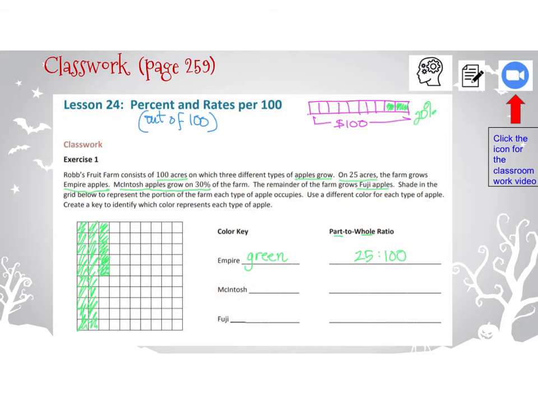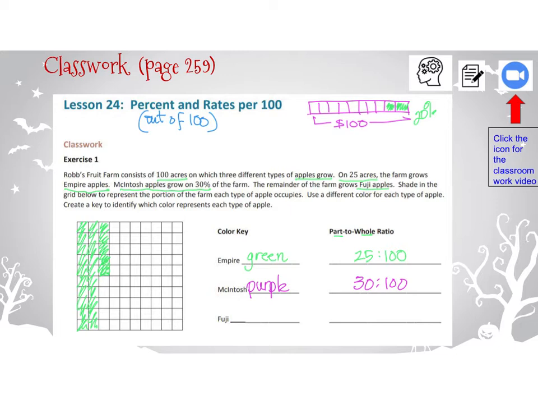Then they told me Macintosh is 30%, so I'll change this to a purpley pink color. They said that was 30%, so I'm going to mark that as 30 out of 100, because remember, percent is out of 100.